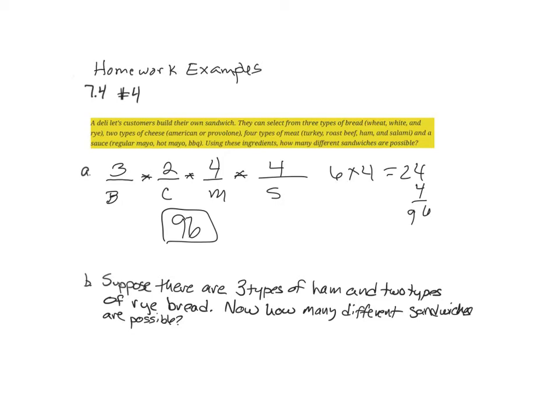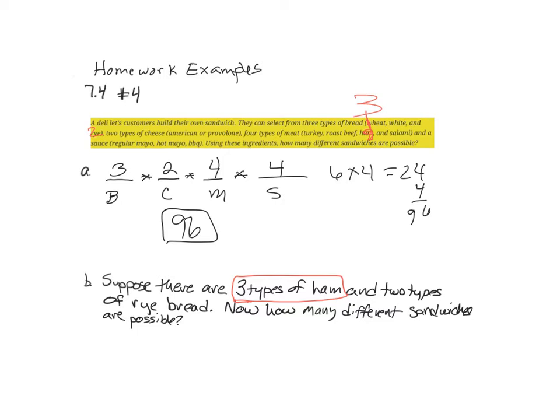Now for part B, they want to switch things up just a little bit, and they say, oh, we forgot to tell you, there's actually 3 types of ham, and there's actually 2 types of rye bread. And so you might be tempted to go, oh, I just need to multiply my first answer by 3 and by 2.